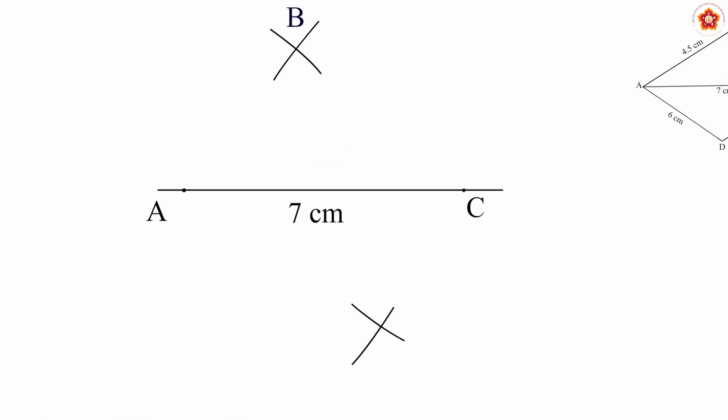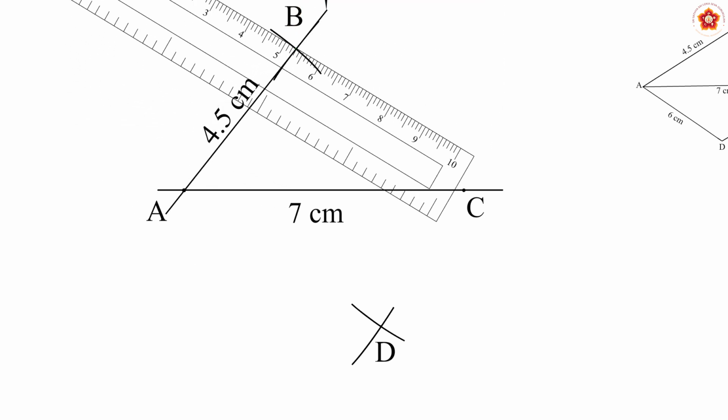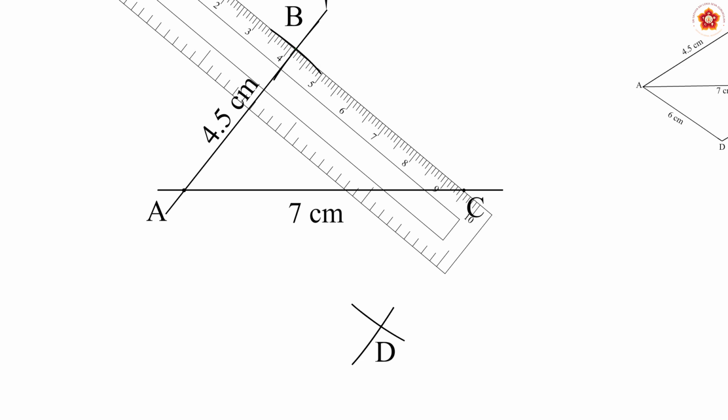Now you have to complete A, B, C, D. So take a scale and pencil. So join the points. First AB join. It is called line segment AB. How much is it? 4.5 centimeters.